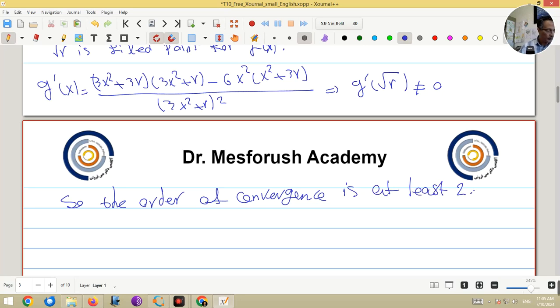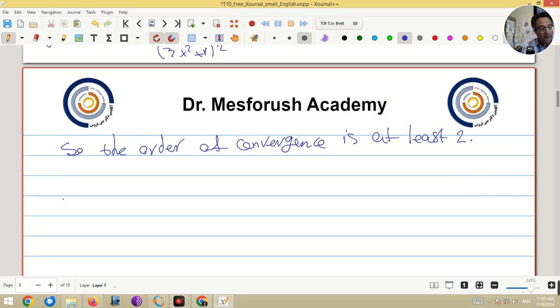Okay, now you consider x_{n+1} minus square root of r. Okay, it is equal to (x_n cube plus 3r x_n) over (3x_n squared plus r) minus square root of r.